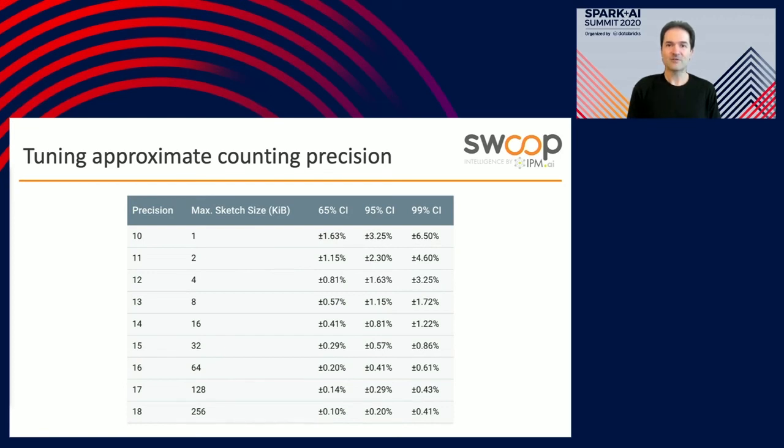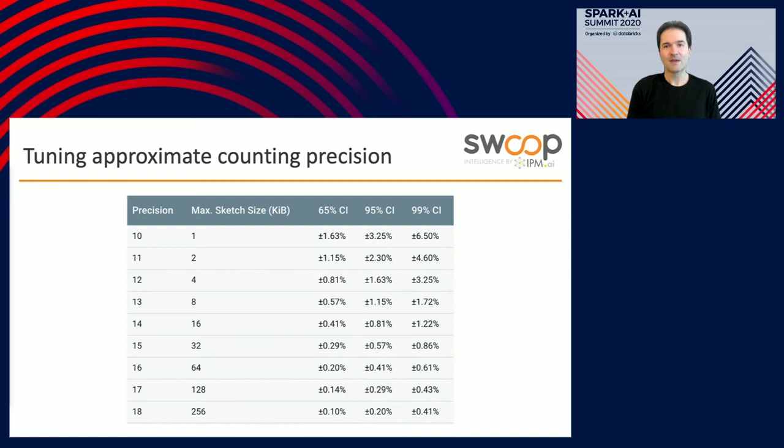And they ignore the fact that very often the data we work with is not complete, or it's dirty in some way, or it has bias. And when you're approximately counting with very low error, imprecise things, you actually may end up with a better outcome than if you're precisely counting the same imprecise things.